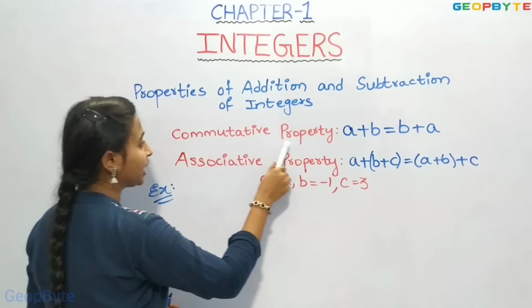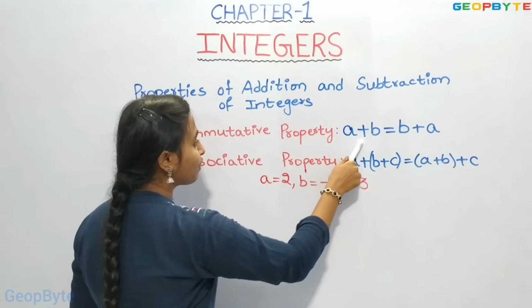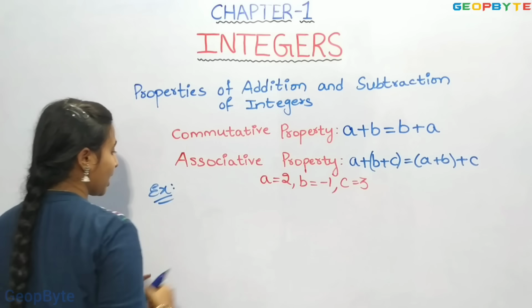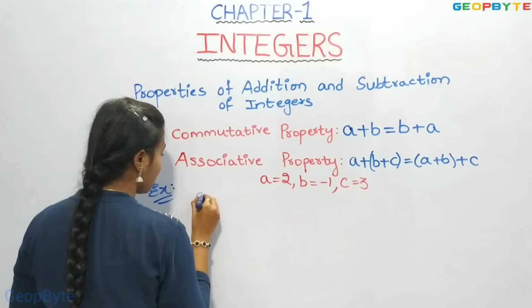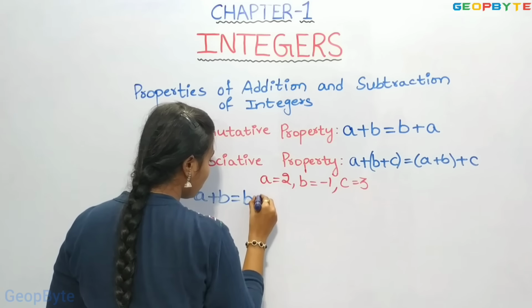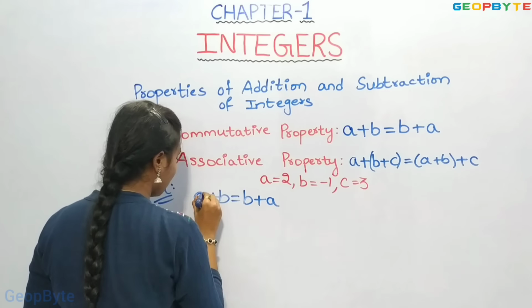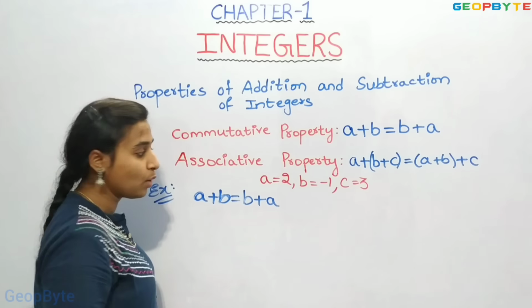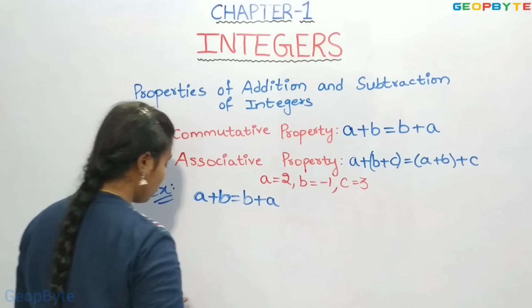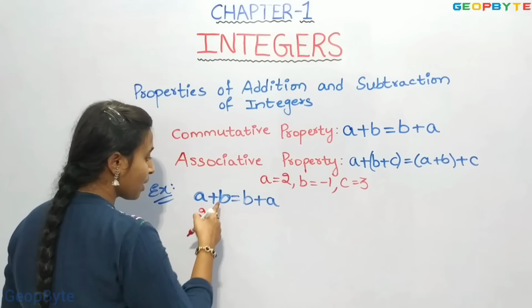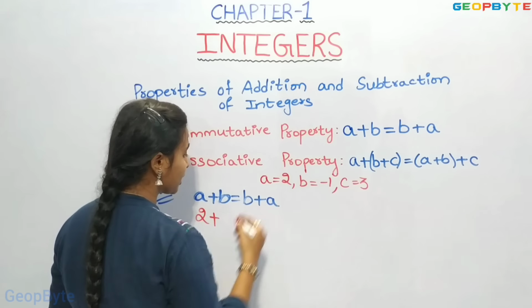First, we have the commutative property, that is A plus B is equal to B plus A. Yes, now we have A as 2 plus B we have -1.